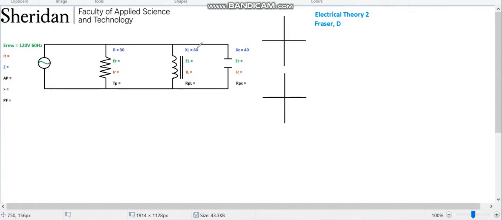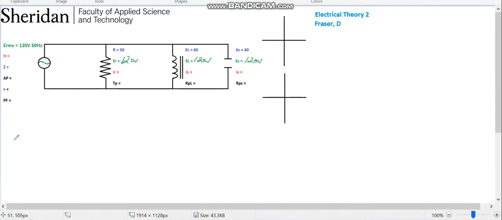If I know my voltage and my reactance here, I can get my current. So this is a fairly easy start for us. Right off the bat, we can just drop those values in. And then, as soon as we do that, we can move right on to our currents, right?